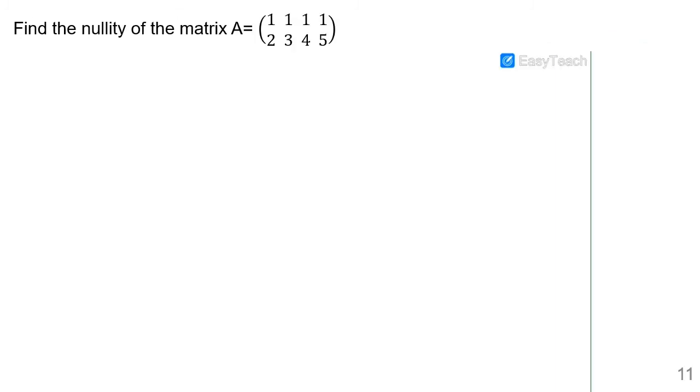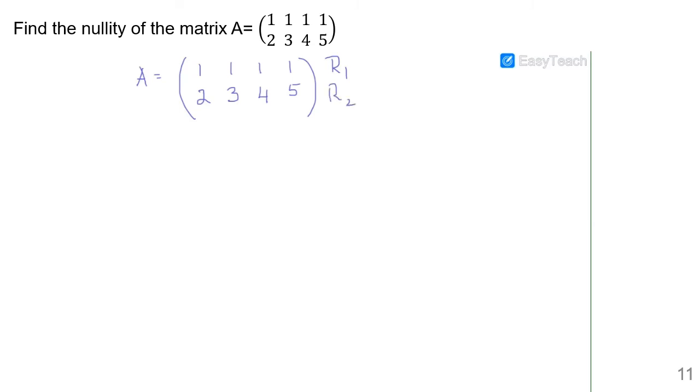We'll try to find the nullity of the given matrix A. 1, 1, 1, 1, 2, 3, 4, 5. It's a 2 by 4 matrix. Let us call this row R1, this row R2.